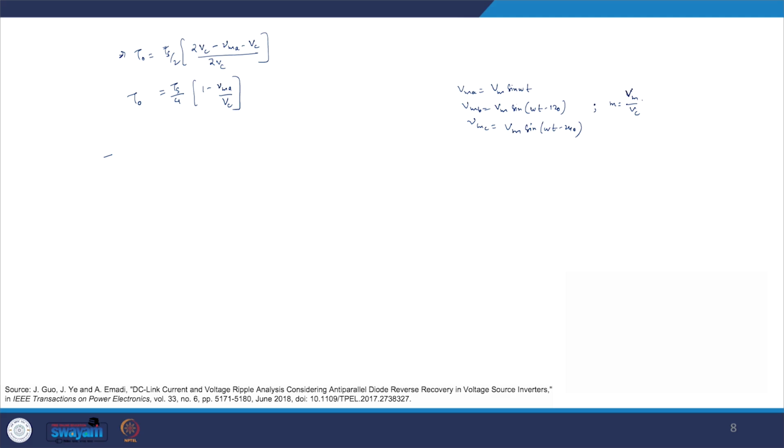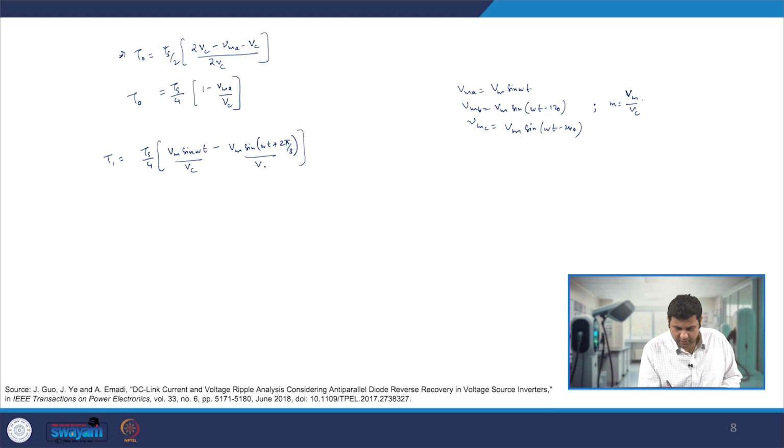So we can write down my T1 value as Ts by 4 times Vm sin omega t minus Vm sin omega t plus 2 pi by 3, divided by Vc.